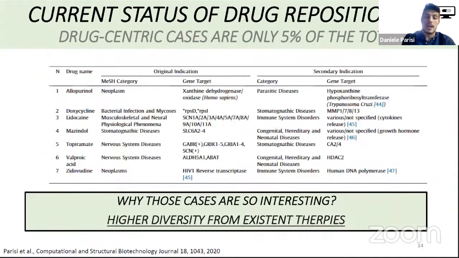that we analyzed. And only at the very bottom of all this analysis, we found a few cases where the drugs were repurposed from one target and one disease to a different target and a different disease. Why are those cases so interesting?